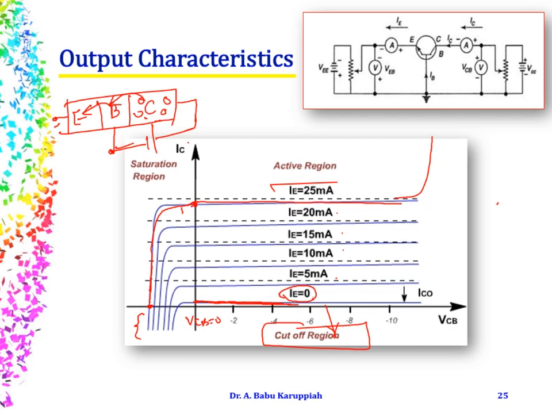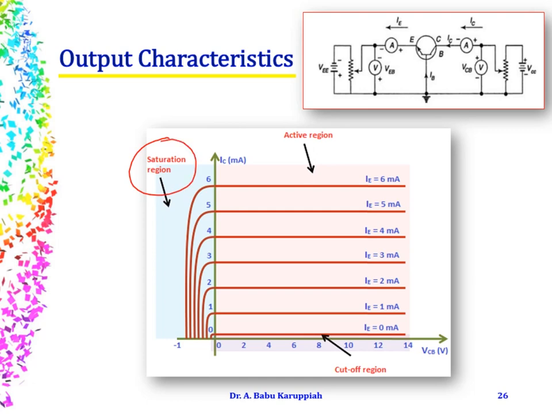So there are 3 regions. One is the saturation region, the next is the active region, and the cutoff region, where the current is almost nil, but there is some amount of current that flows because of minority carriers. So this is the output characteristics of the bipolar junction transistor.